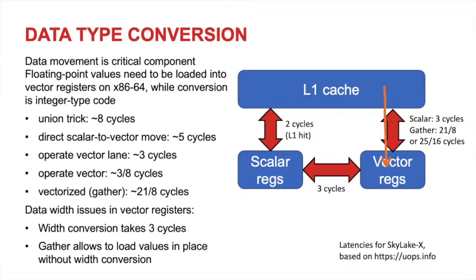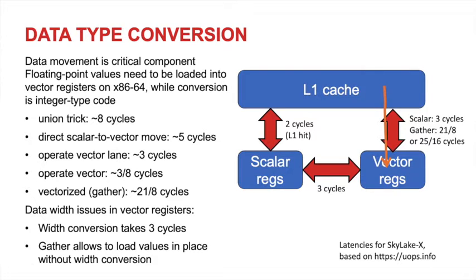Essentially, AVX2 and AVX512 vector registers are implemented as chunks of 128-bit SSE registers, and any conversion of the width of different elements will trigger data movement across those 128-bit groups, which takes 3 cycles.